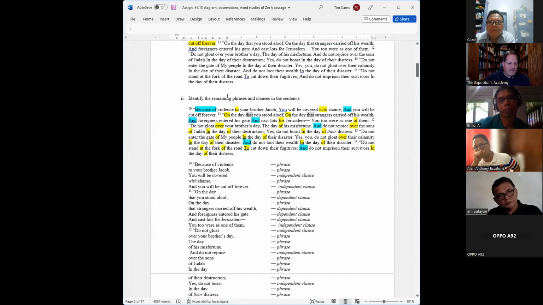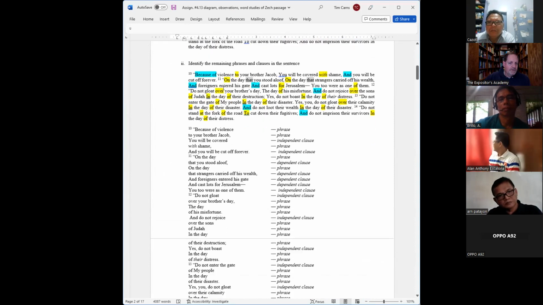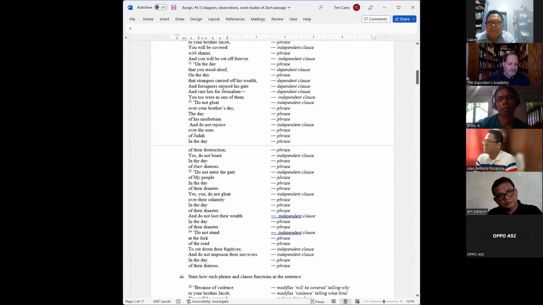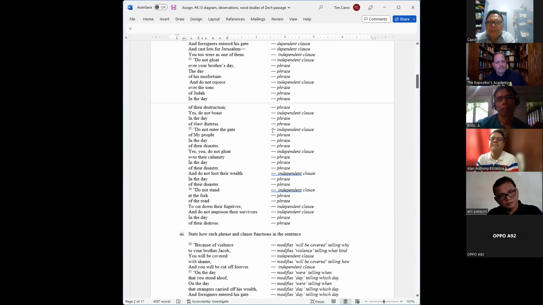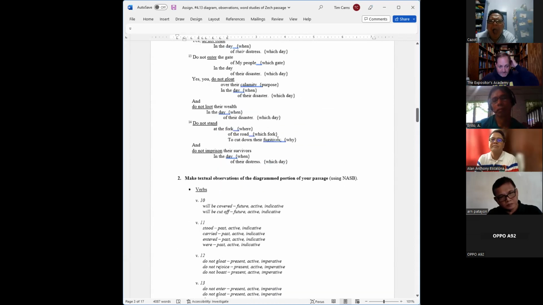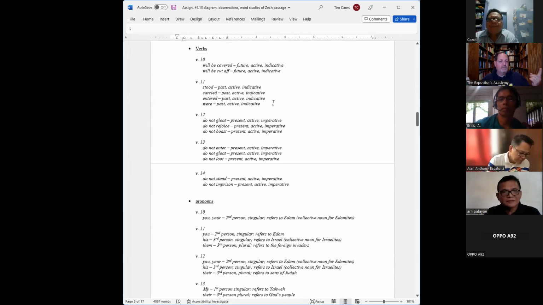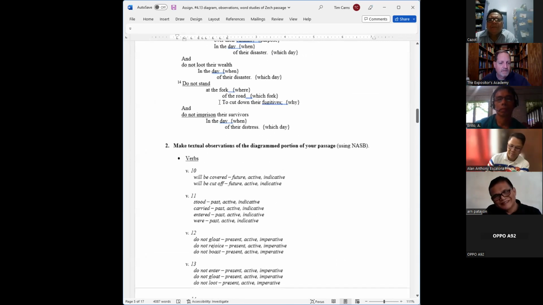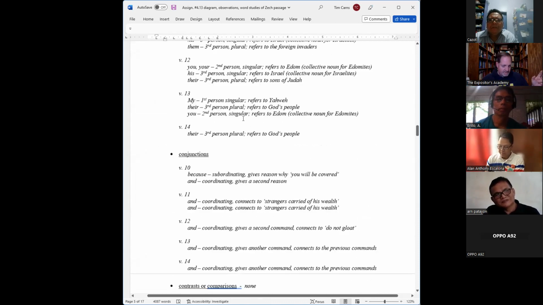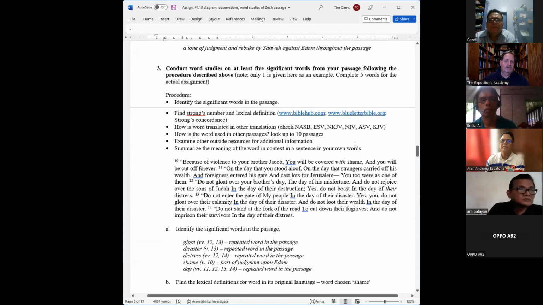So it goes through those steps. Okay. So we just did steps 1 and 2 here. We'll go through steps 3 and 4 next week, but this just gives the example in the assignment. And then there's 3 parts: the diagram, the textual observation, and then the word study. Okay, so it gives an example from Obadiah.